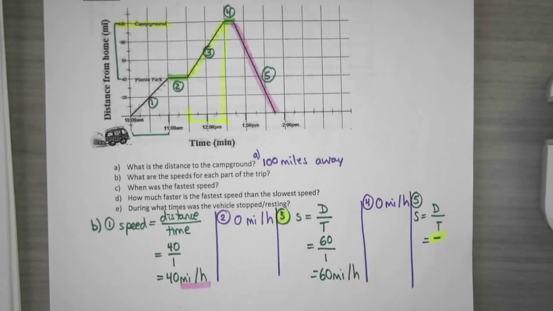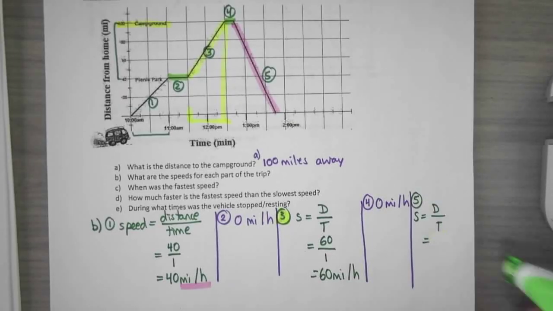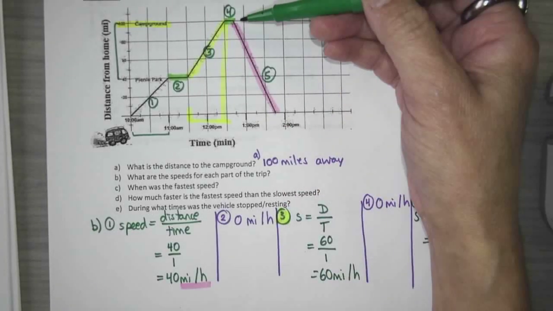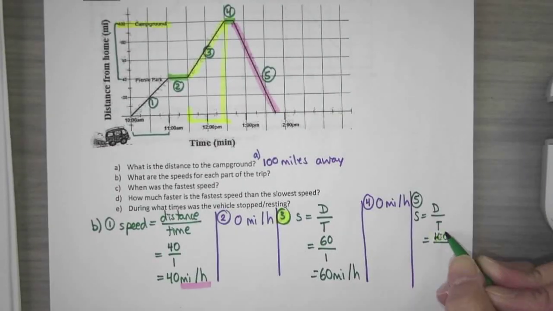So it's going to be backwards. Oh, this is speed. So speed, we don't care about the negative or positive. So speed, we just keep it positive. So speed, we don't need to have a direction of a negative, but we need to know how far. So it's going from here, which is 100, back to 0. So that's 100.